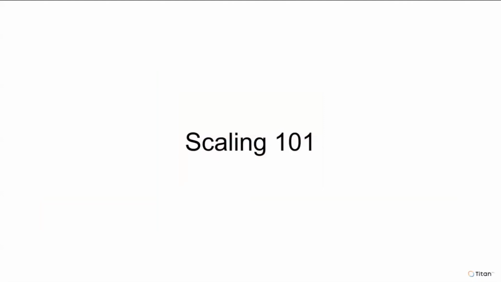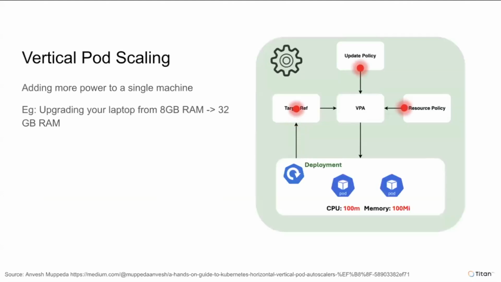So I'm going to give a very brief introduction to scaling 101. So scaling more or less is a solved problem for non-AI based applications. And this is broadly how it works. So there's 2 types of scaling. There's vertical pod scaling and there's horizontal pod scaling.